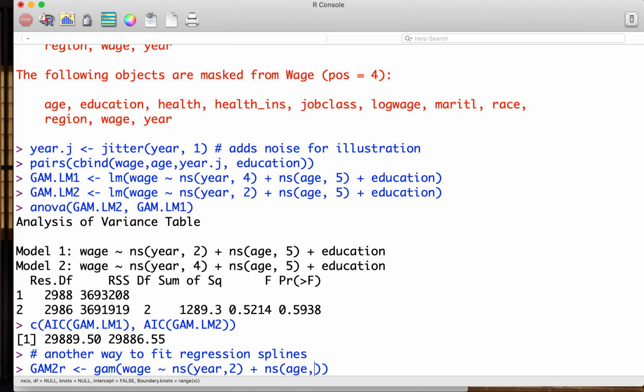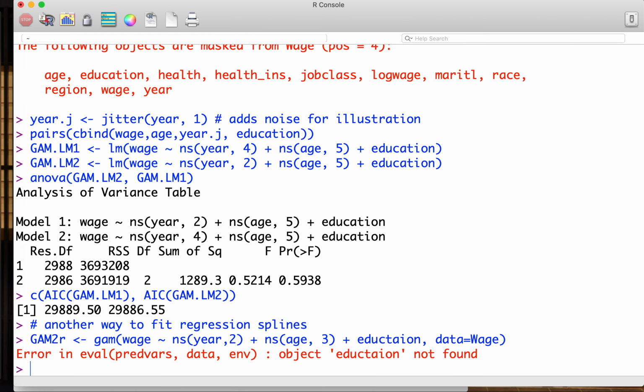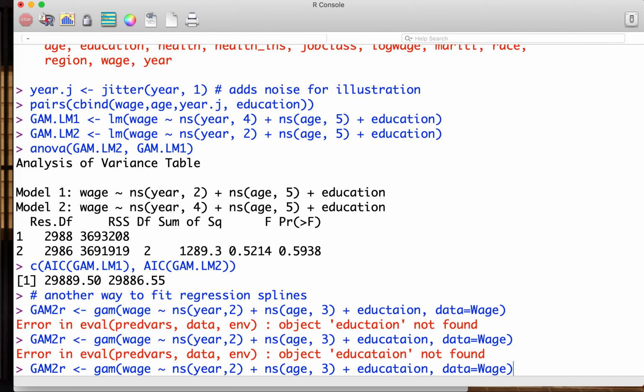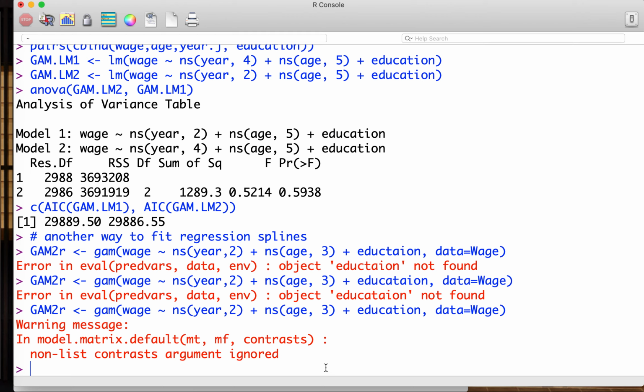This time we change it into a 3 degree polynomial, and education. Now we fit the model, actually the same as the GAM LM1 model, by this GAM function. So basically we have the same result.